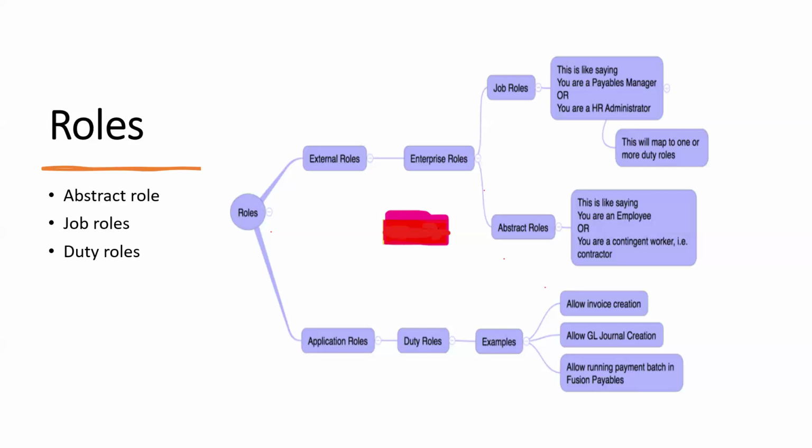So if you assign these duty roles, that candidate will work on the required duties. One person can have all these roles: a set of roles including abstract role, job role, and duty role.